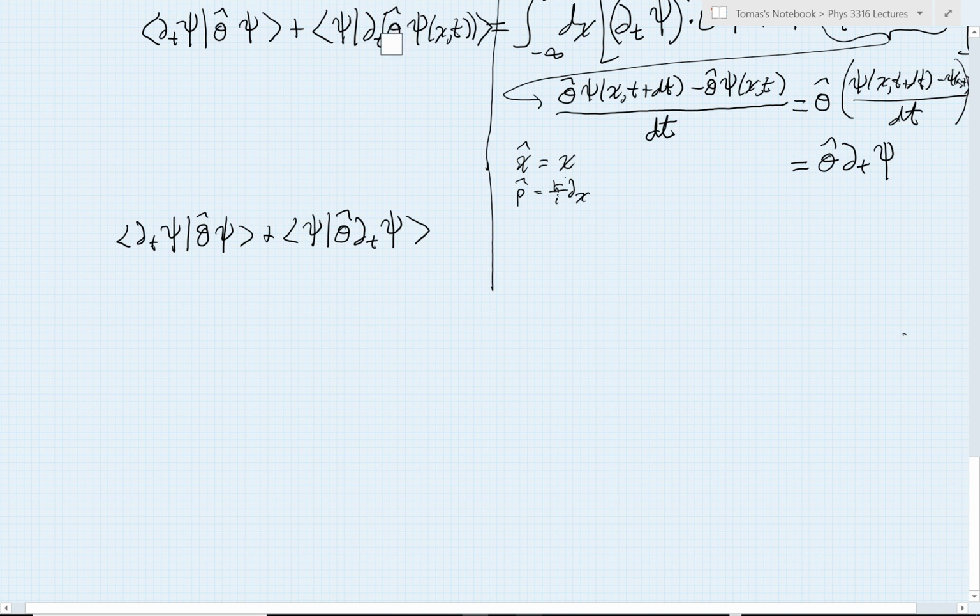And a difference of an operator acting on a function is the same thing as the operator acting on the difference between the functions. So you would be able to make this maneuver here very quickly.